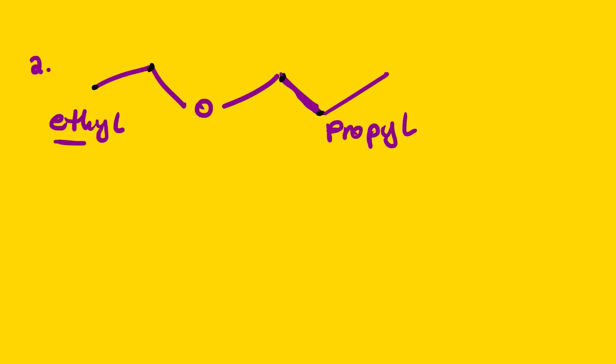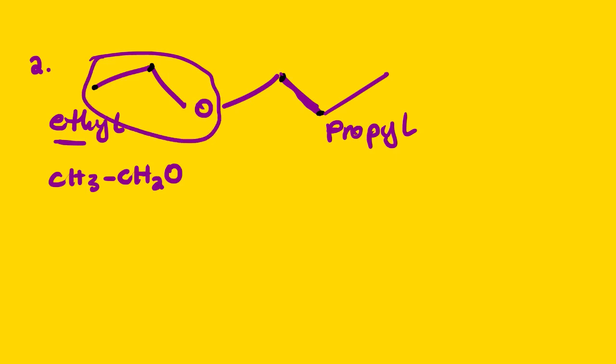So in this case you can see that this will be our alkoxy group. Oh by the way, this is CH3, CH2, and then we have O. So you can see that this is ethoxy. It serves as a substituent, and then this will be our parent chain. We can also draw this like this, and then we put O, CH3, CH2.